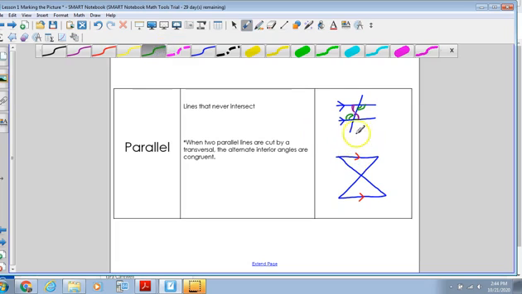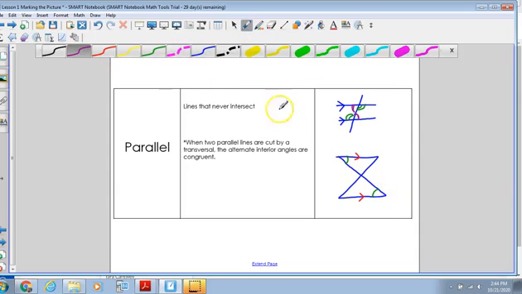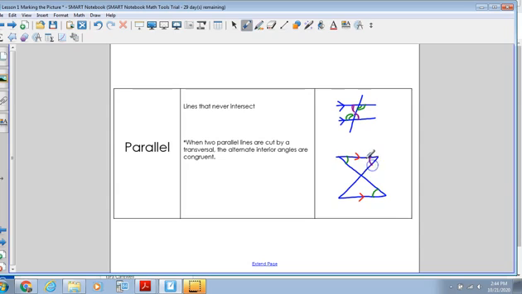Even though this figure doesn't look exactly like the one at the top with two parallel lines cut by a transversal, they don't keep going. Here in this case, we would still have this angle up here and this angle down here that are alternate interior angles with each other. And we would also have this angle up here and this angle down here are alternate interior angles with each other.